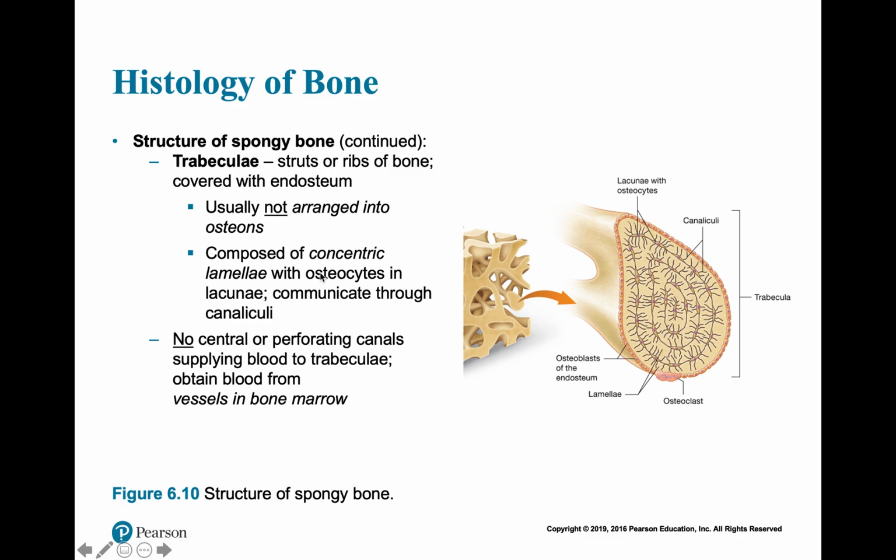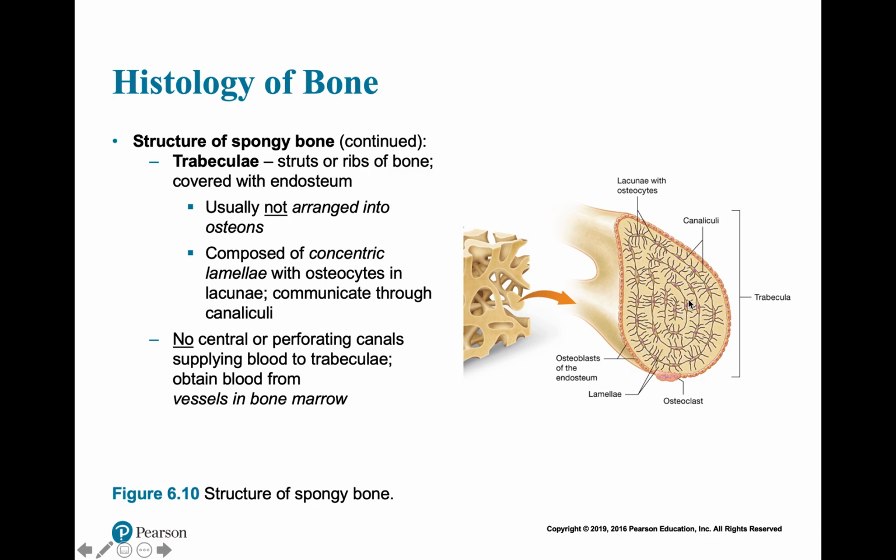Now, if we look at the histological structure of spongy bone, it's similar in that we see, okay, here are osteocytes. Those osteocytes are embedded in concentric lamellae, right? These concentric lamellae are going to be that bone matrix, both inorganic and organic matrix, that's laid down by the younger osteoblast.